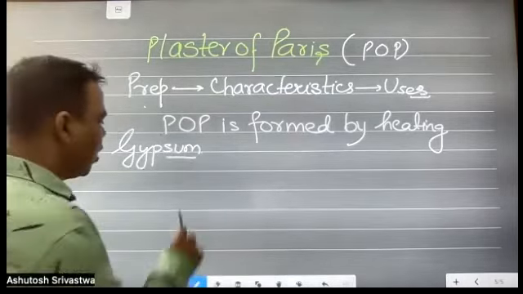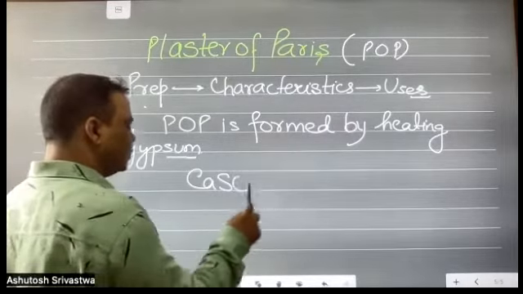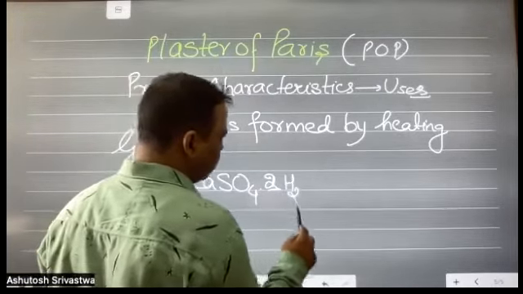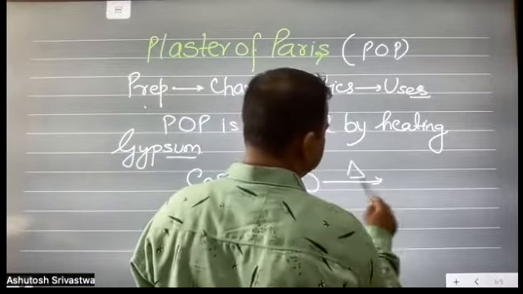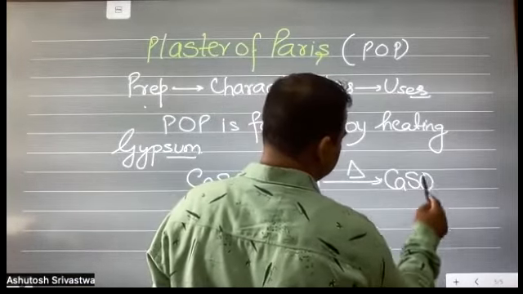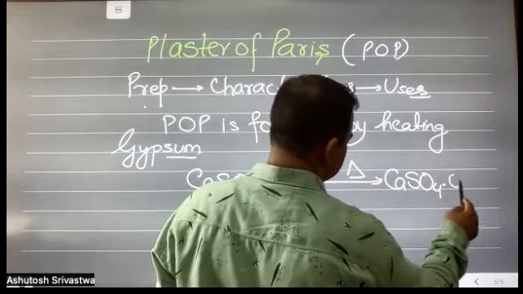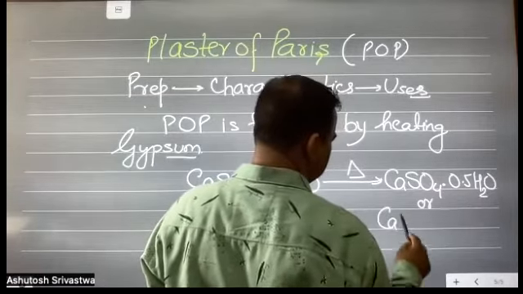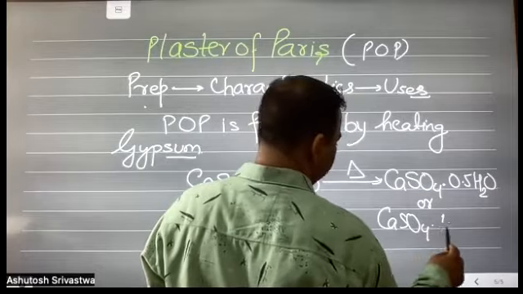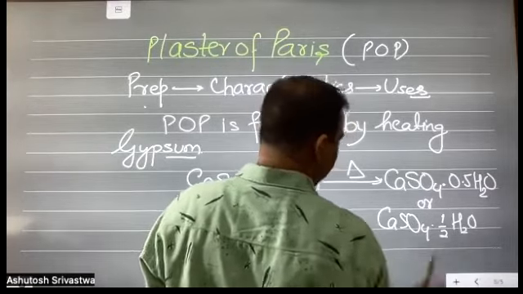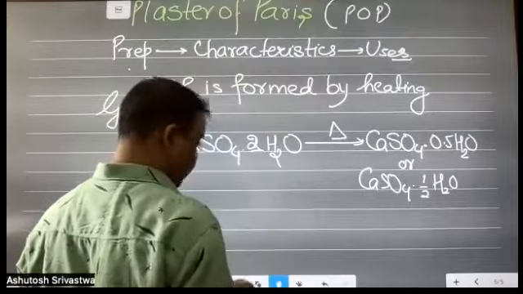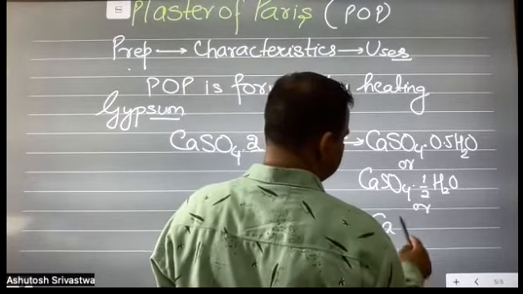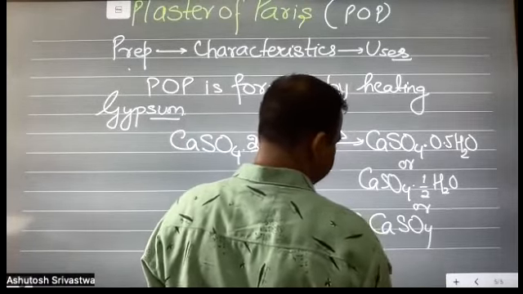Okay. So the formula of gypsum is CaSO4·2H2O, and on heating it is going to form CaSO4·0.5H2O, or we can say CaSO4·1/2 H2O, or it is (CaSO4)2·H2O.